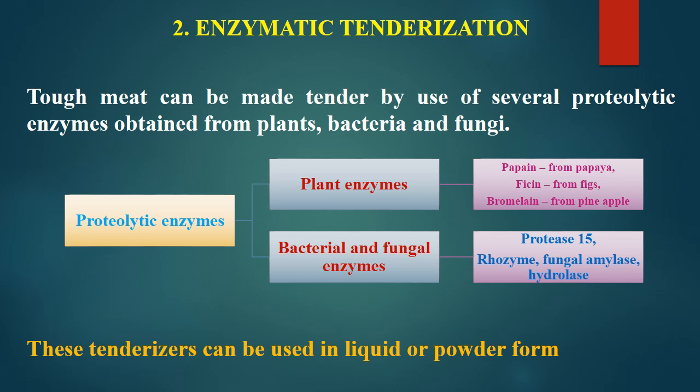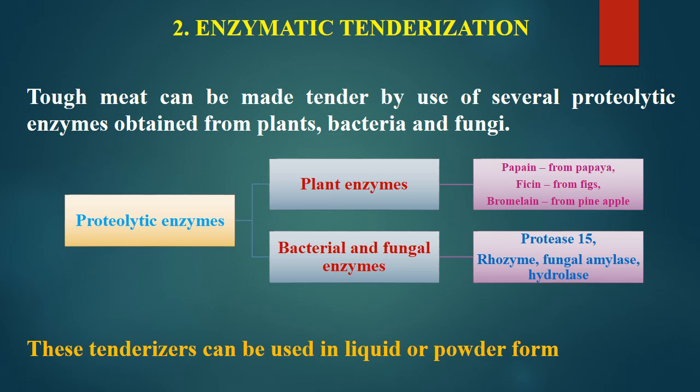These enzymes, as I said, fall broadly in two categories. One is plant origin, where we can see commonly used enzymes like papain from papaya, ficin from figs, and bromelain from pineapple. These are commonly used.